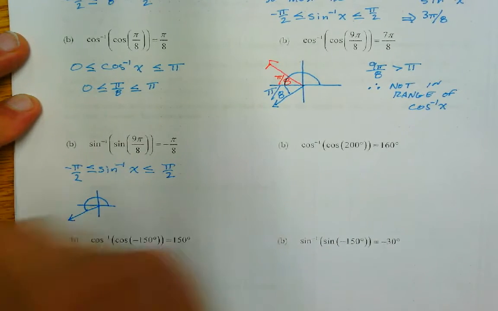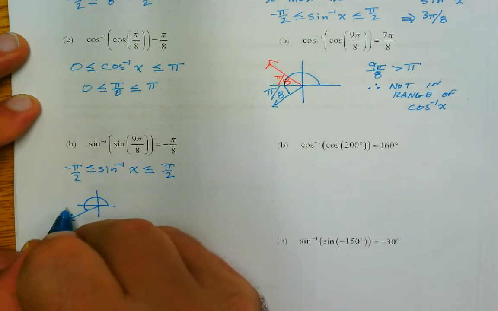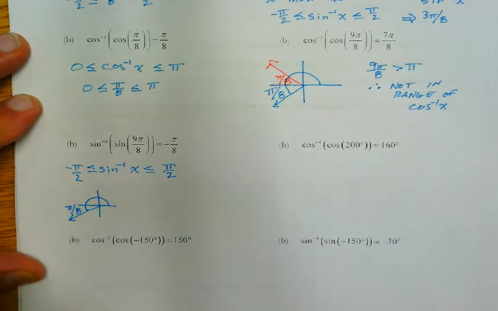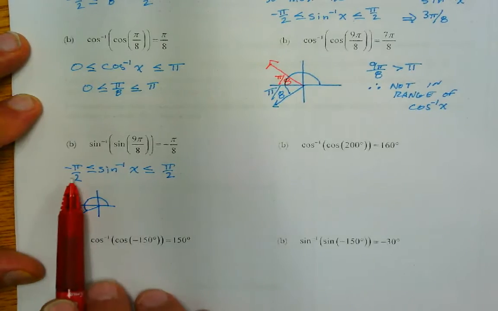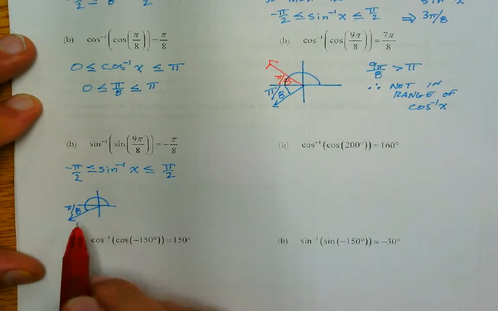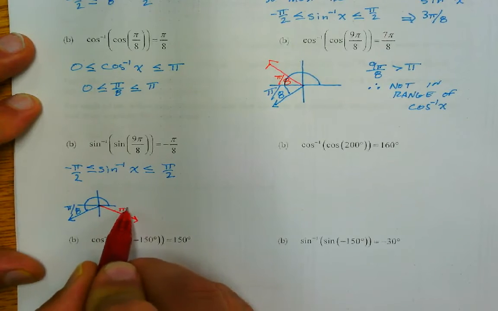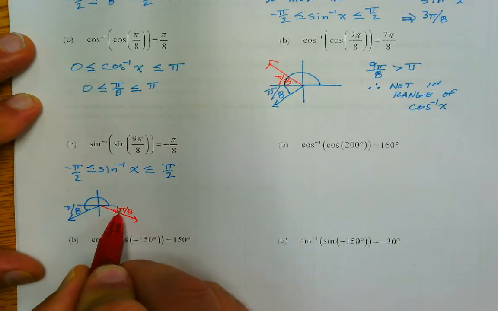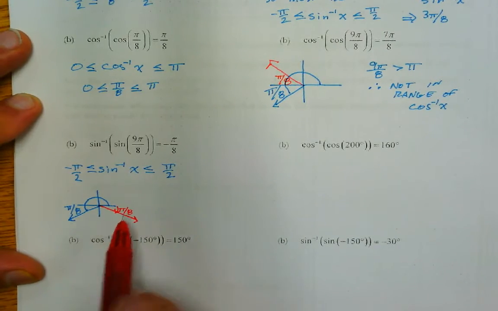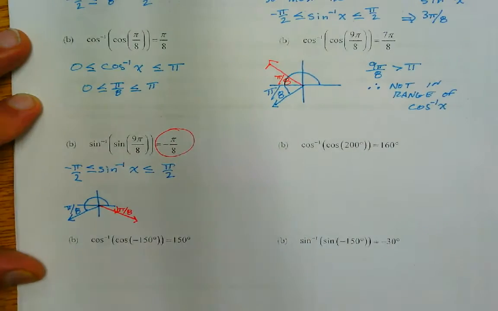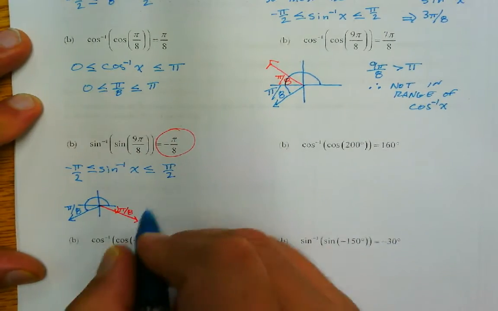It's right over here. What's the reference angle? Pi over 8. But I need an angle that's between here and here with that same reference angle. The reference angle is still going to be pi over 8, but it's going to be an angle going down, so it's going to be negative pi over 8.